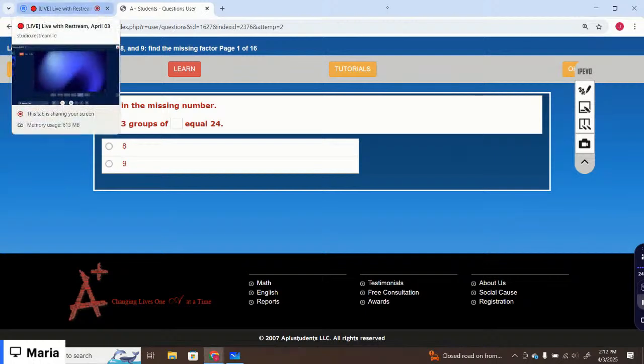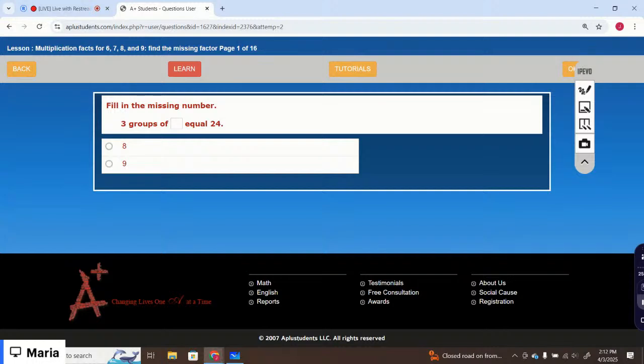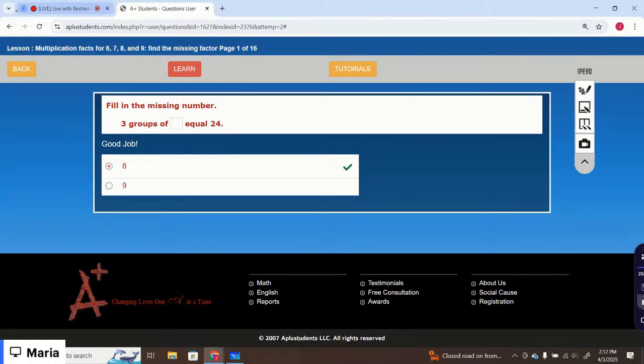So 3 times what number is 24? 3 times 8 is 24. Option number 1 is the correct option. That is 3 times 8.